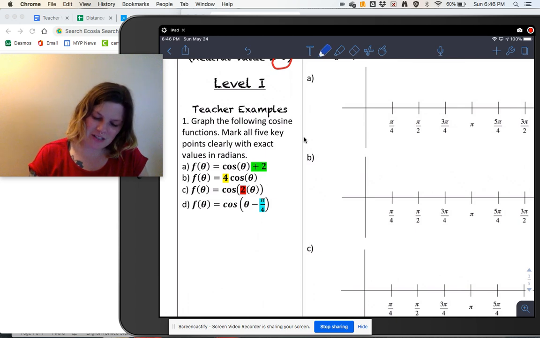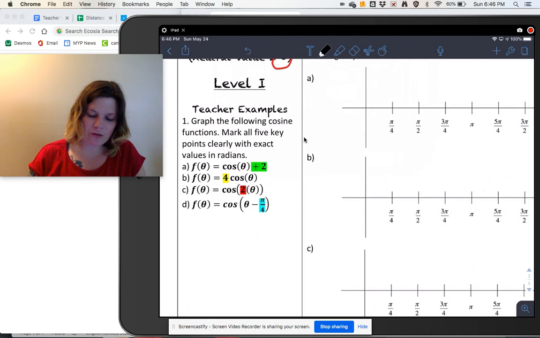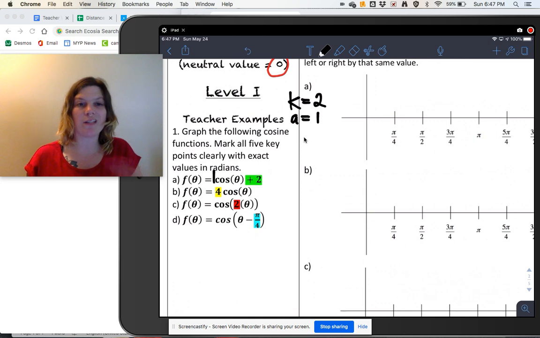Okay. Starting with our same strategy where we're going to write down all the different values. So k here is 2. That's where our k value is. Our a value is 1 because there's a secret 1 in front of cosine. That's a neutral a value.